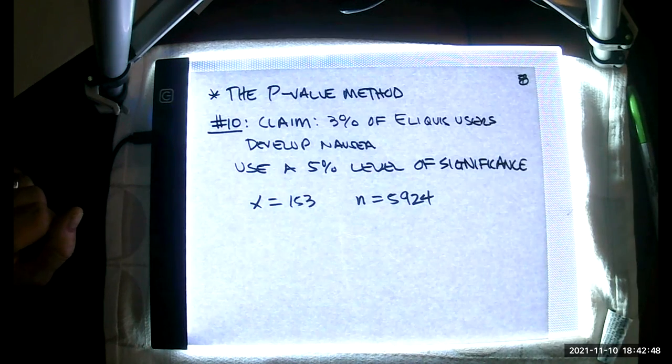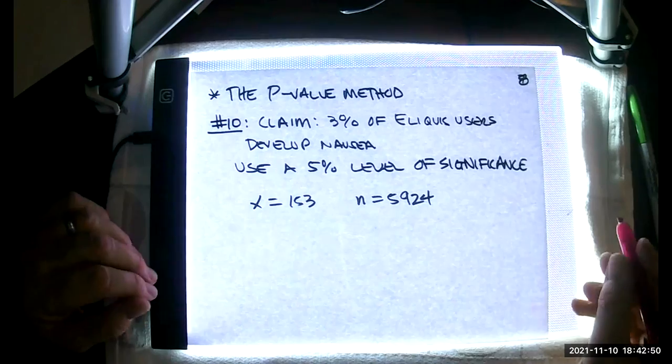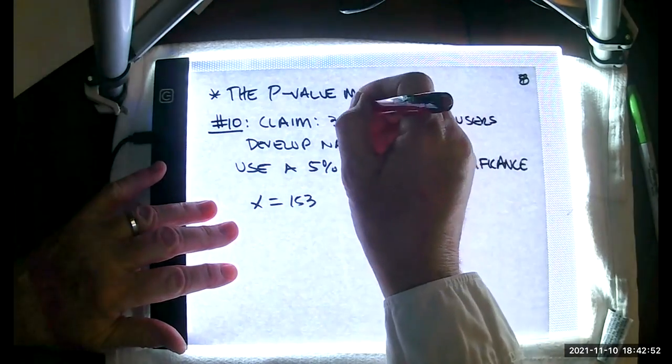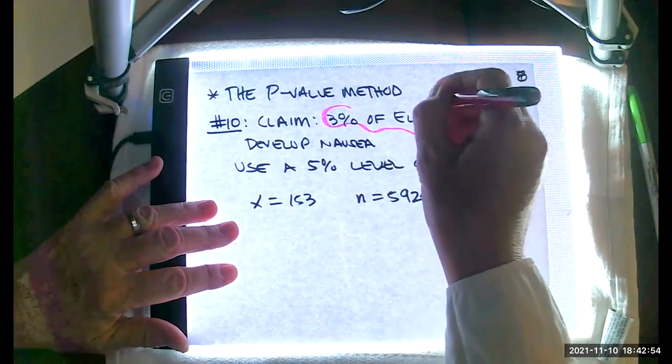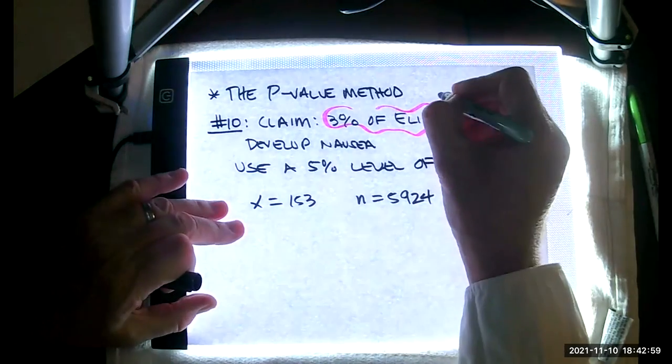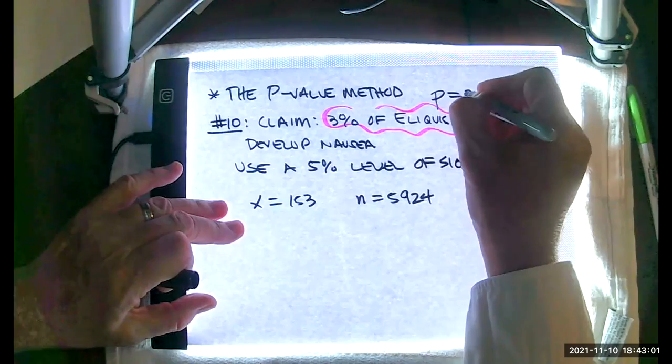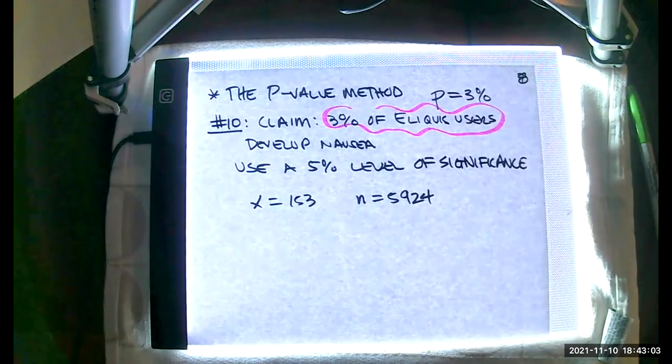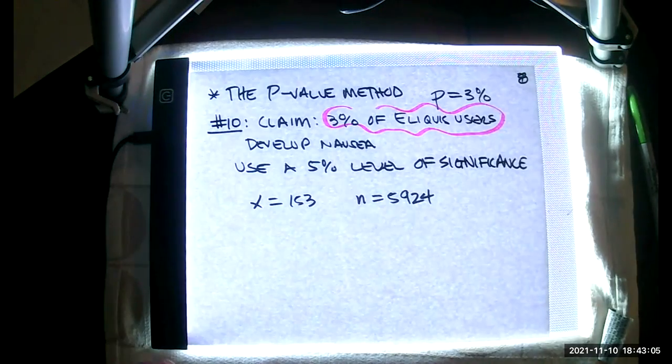All right, so let's run through the drill. The first thing to do is to go ahead and identify the claim, 3% of Eliquis users. So my population proportion P equals 3%. I take a look at that claim.